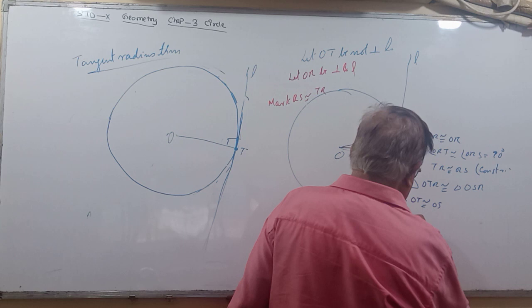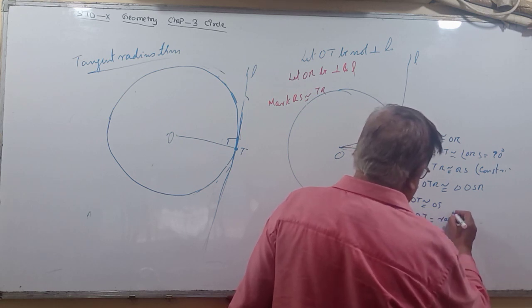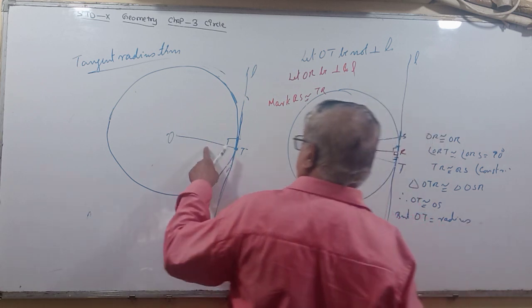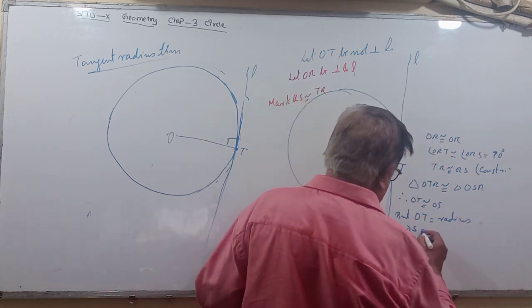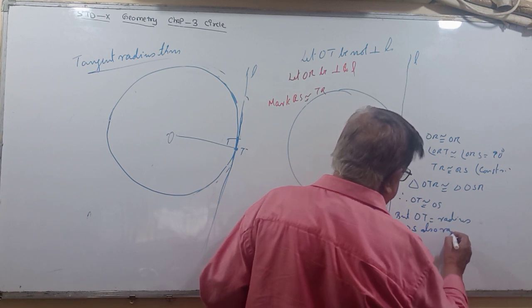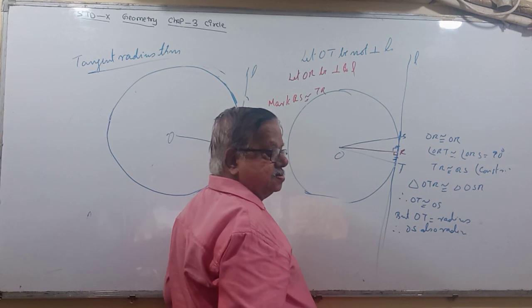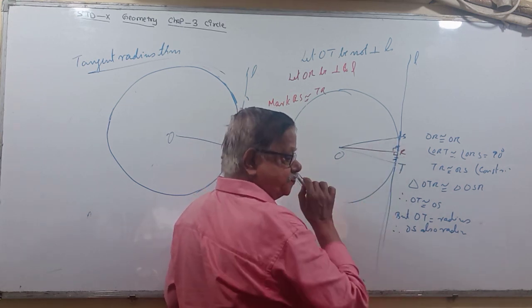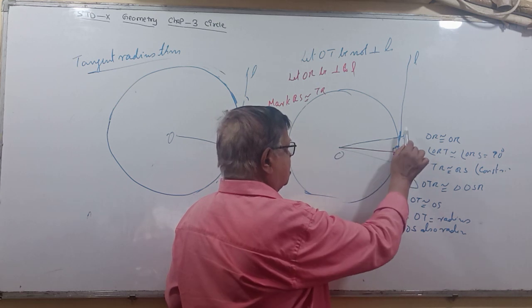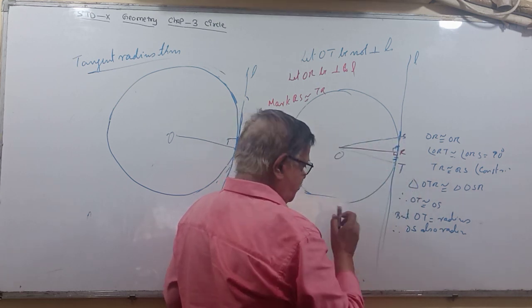But OT is the radius. Therefore, OS is also a radius. If OS is the radius, S lies on the circle. T also lies on the circle.